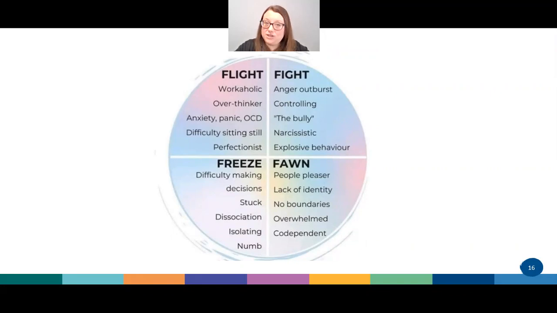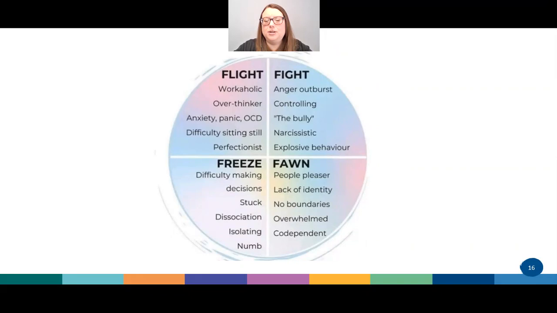They could also disassociate from the situation as a way to survive or cope in that fearful situation. They may isolate, and they may also report feelings of numbness, emotional or mental numbness. Not uncommon for people to freeze as well when they are in a confrontation.